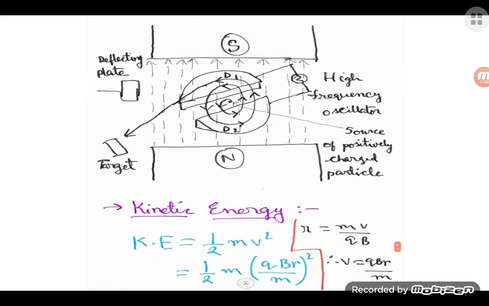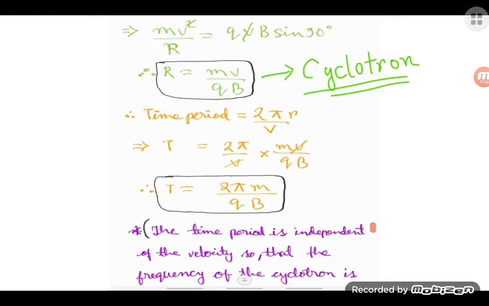So due to the magnetic field the motion is created, and for that the force is QVB sin 90 degrees. These formulas can be written by using the magnetic force. I will talk about it later.